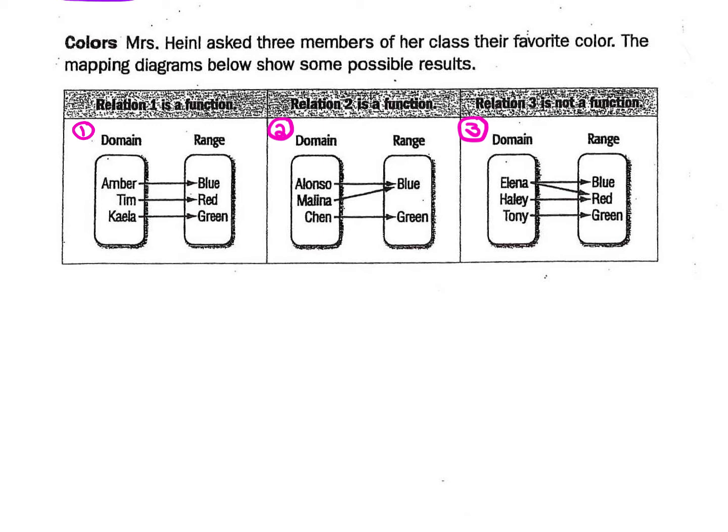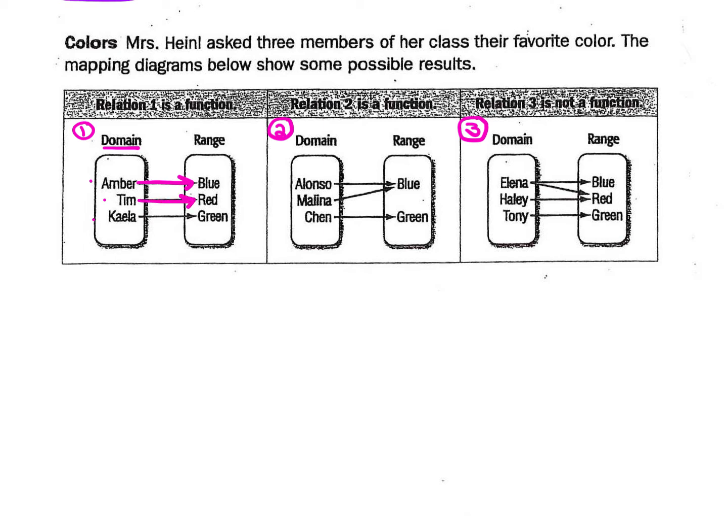In story number 1, we have the domain with 3 different students. Student 1 said that their favorite color was blue when asked. Their output value is blue. Amber is only allowed to have one favorite color.